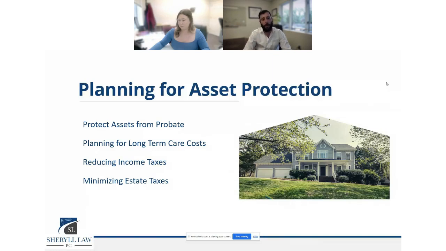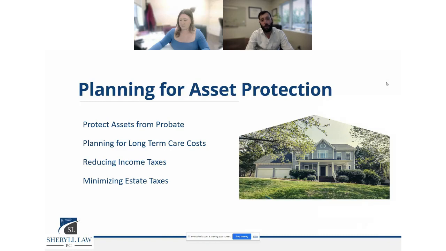Okay? And when we do that, we want to focus on minimizing our income taxes. That'll happen down the road. So the income taxes usually come up upon your death for your heirs. So any of the planning that we do with trust is going to want to minimize the income taxes that'll be due for your kids down the road or for your beneficiaries down the road. So that way they're getting more in their pocket and less in Uncle Sam's.